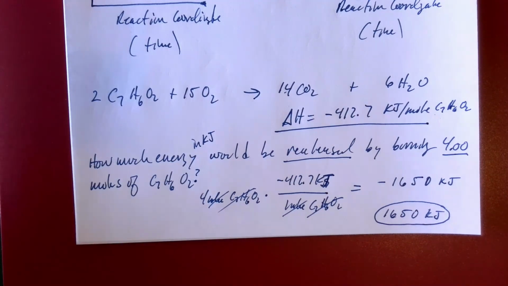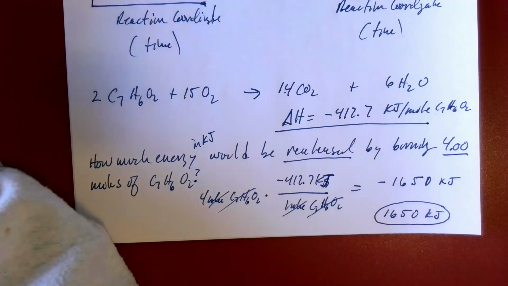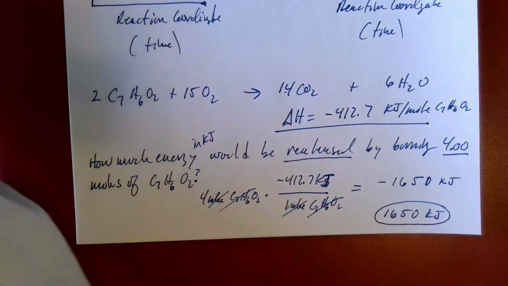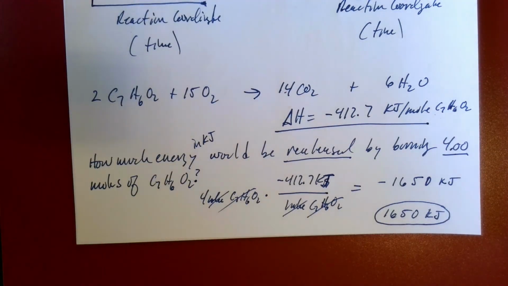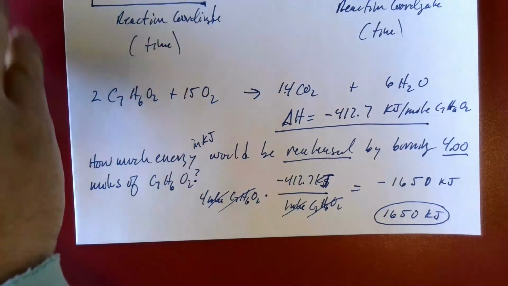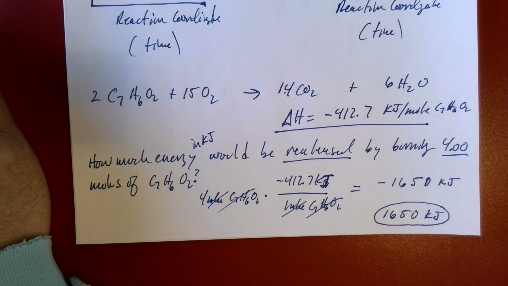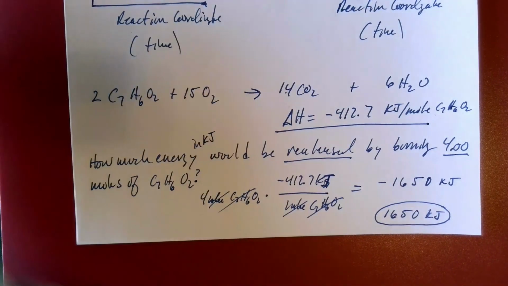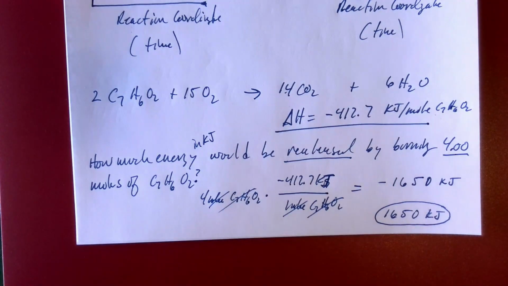So whenever they use the term released, it will always be a positive number. Always. No matter what. Okay? So the minute they use the term released, that answer is positive. No matter what.